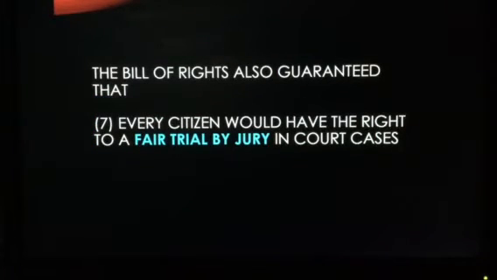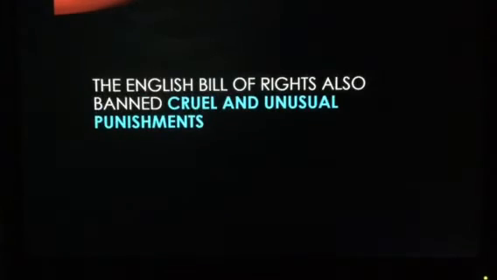And the English Bill of Rights guaranteed that every citizen would have the right to a fair trial by jury in court cases. Every citizen. Fair trial by jury. The English Bill of Rights also banned cruel and unusual punishments.